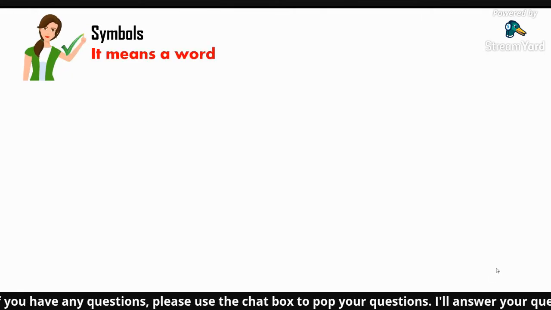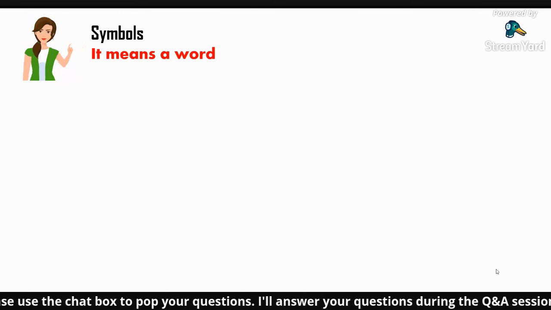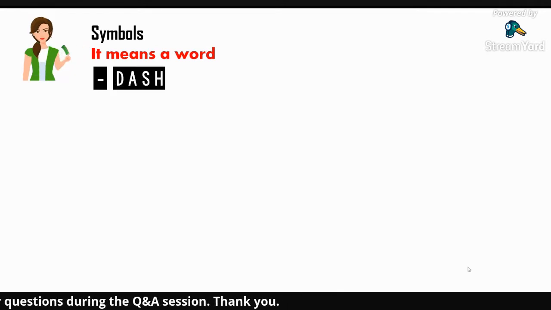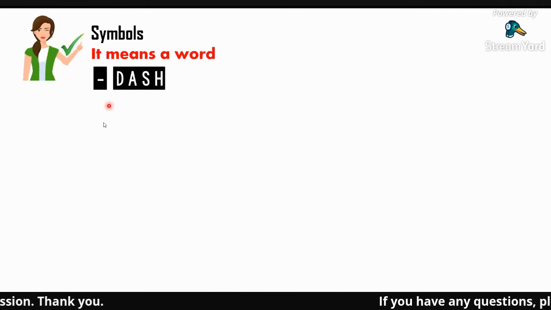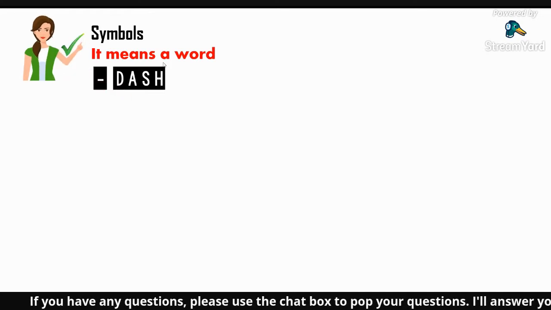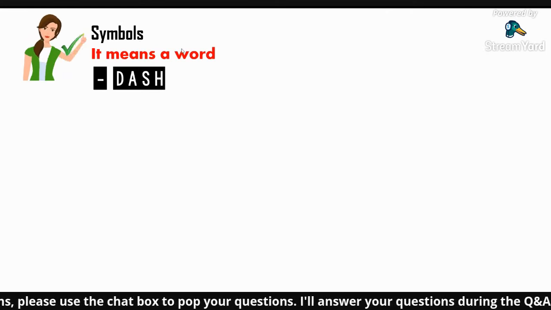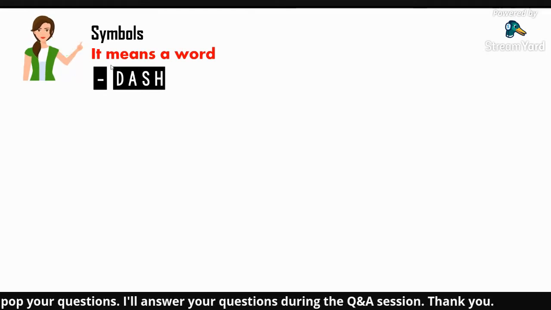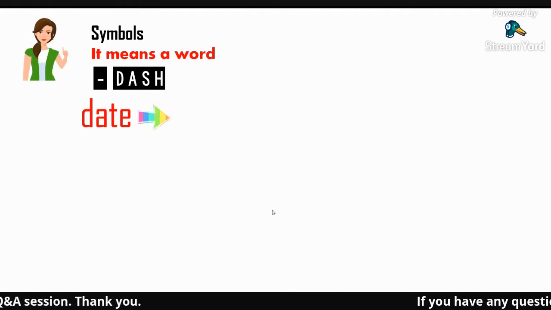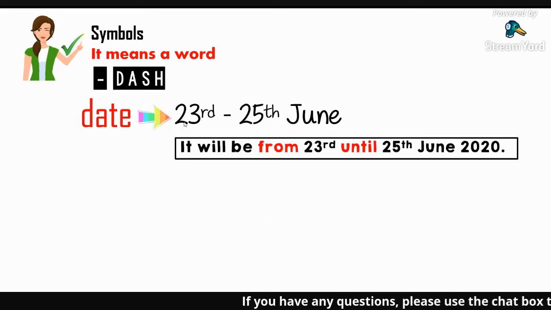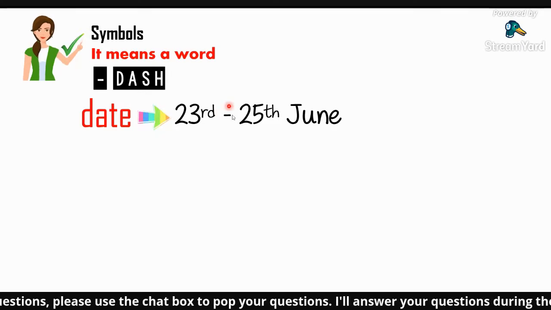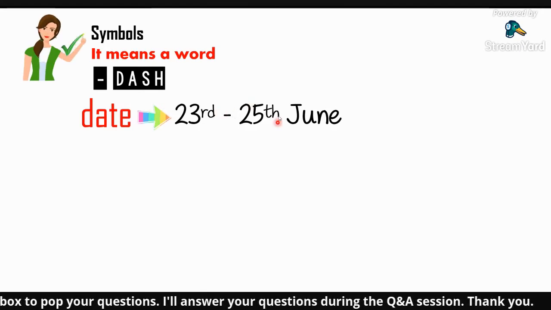Symbols that are used in information transfer. The first one would be something you always see: the dash. Can you see the dash over here? When you are using a symbol, it actually means there is a word there. For example, when it comes to date, 23rd, and then you have a dash, 25th June.